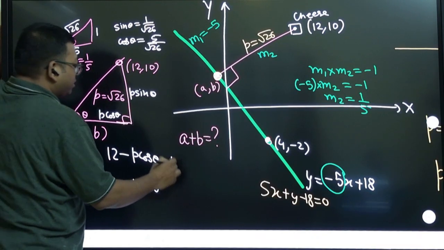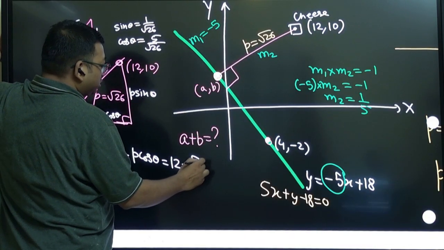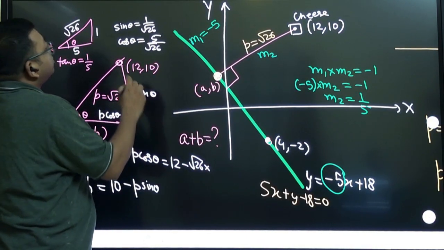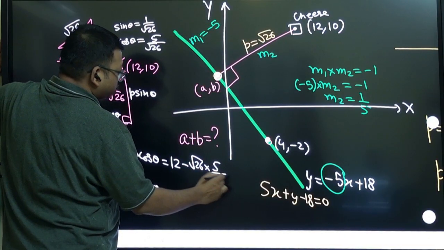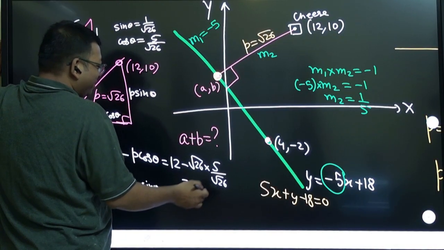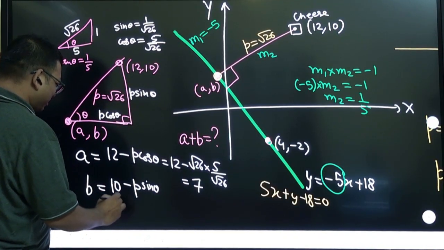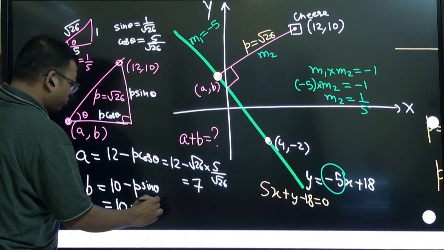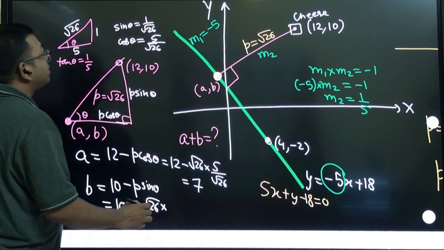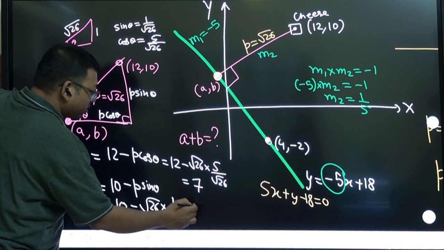So 12 minus p, the length p we have already calculated as root 26, and cos theta we have just calculated as 5 by root 26. So 12 minus 5 is 7, and similarly 10 minus root 26 times 1 by root 26, so 10 minus 1 is 9.